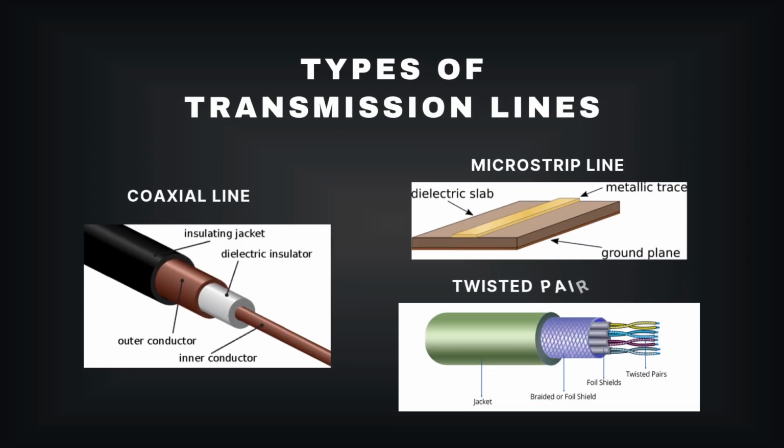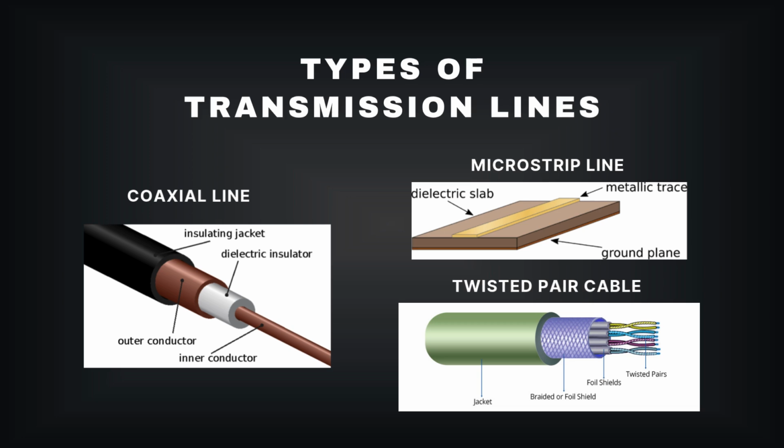There are several types of transmission lines, each used for specific applications. The first is the coaxial line. It consists of a central inner conductor surrounded by a dielectric insulator, then an outer conductor, and finally an insulating jacket. Coaxial cables are widely used in television, internet, and antenna connections. The second is the microstrip line.